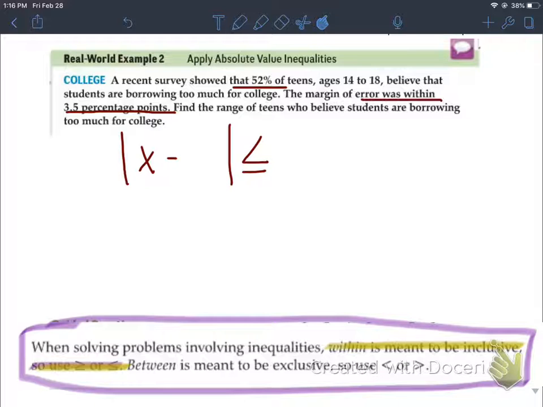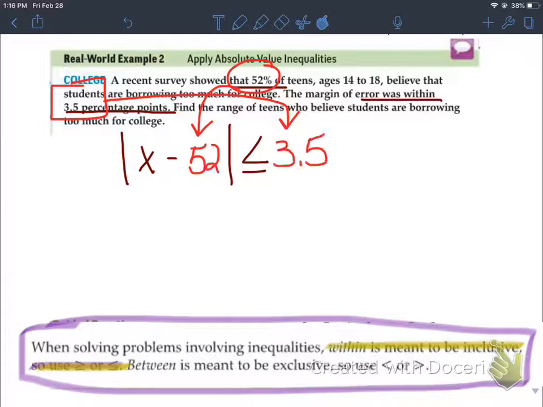Now recall again from when we did absolute values in the last chapter that the number that they give us is going to go inside, so the 52 needs to go inside, and the number that it's going to be within or between will go on the outside, so the 3.5 will go on the outside. And then we solve this like normal.